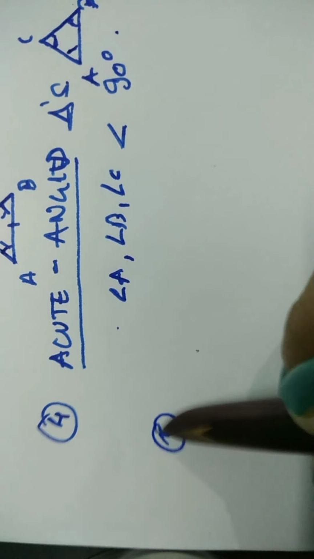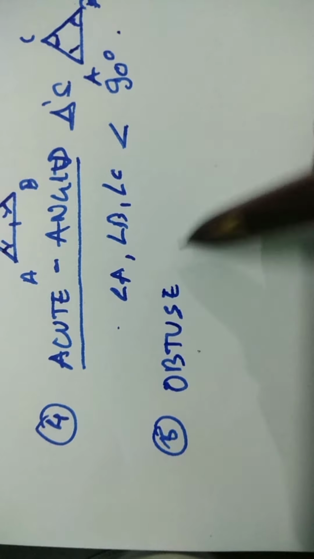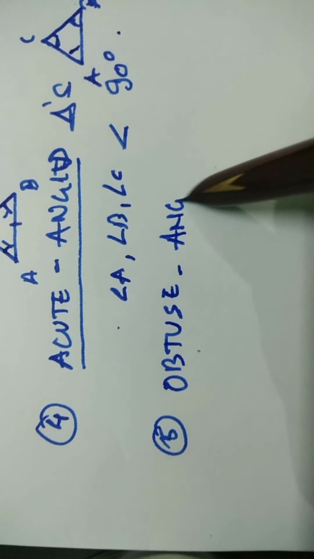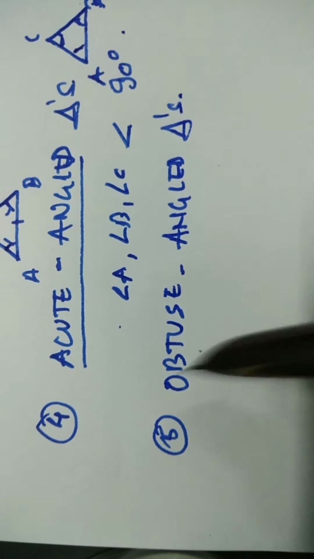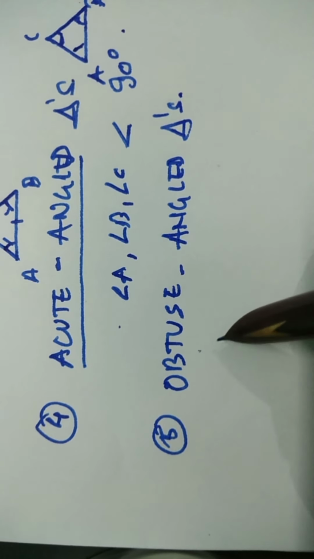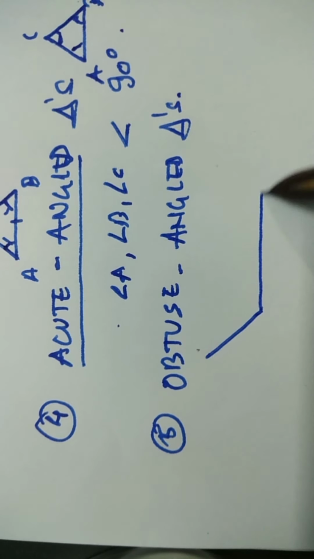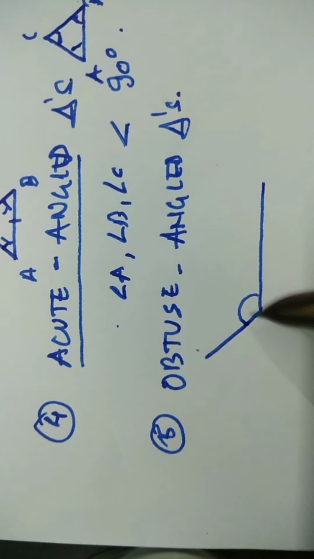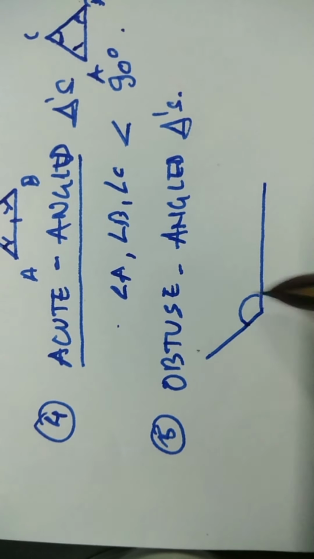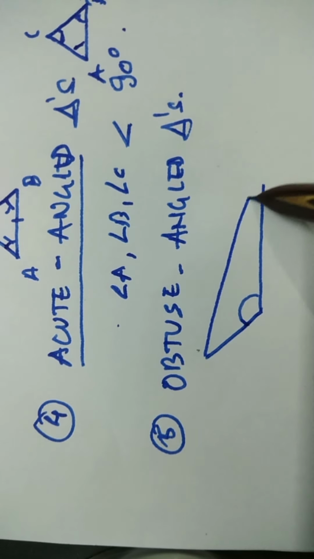We can have obtuse angled triangles as well. What is an obtuse angle triangle? Obtuse angle triangles are those triangles in which one angle is more than 90 degrees. Here the measure of this angle is more than 90 degrees. The rest two can't be.